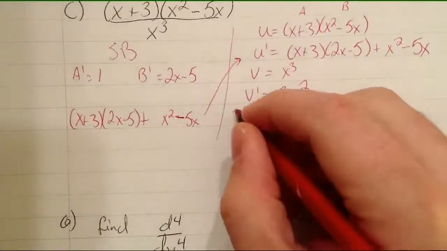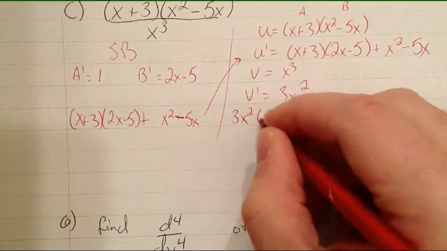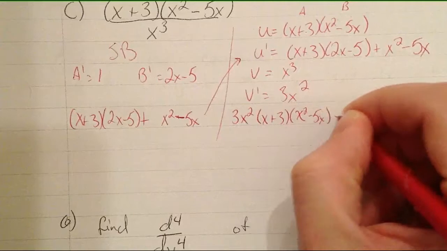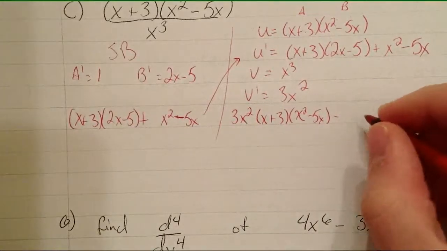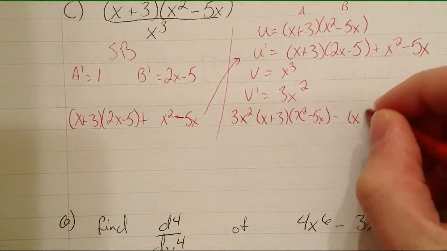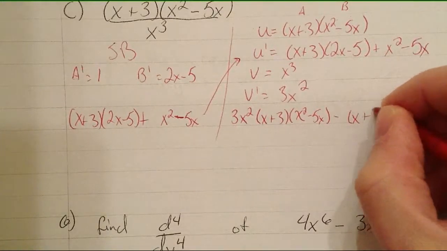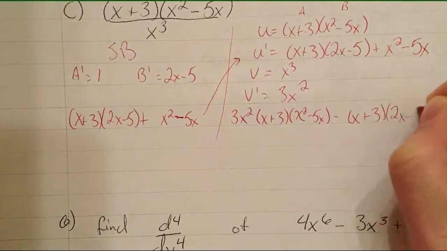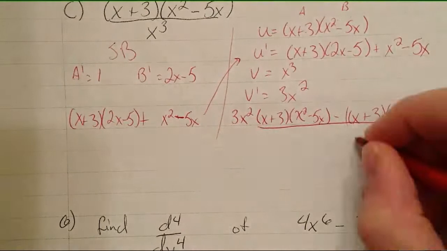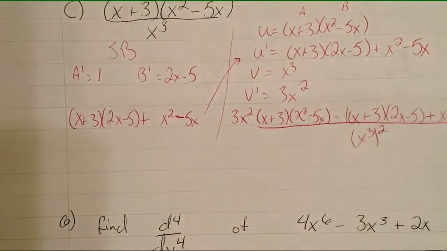So I take my b prime times my u minus my u prime times my v all over the z bottom squared.